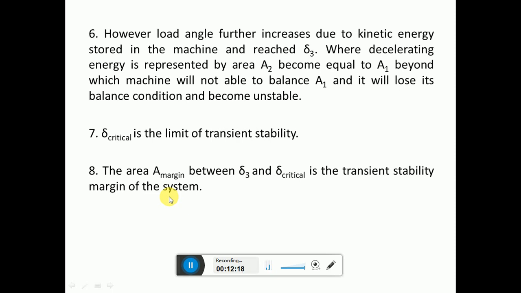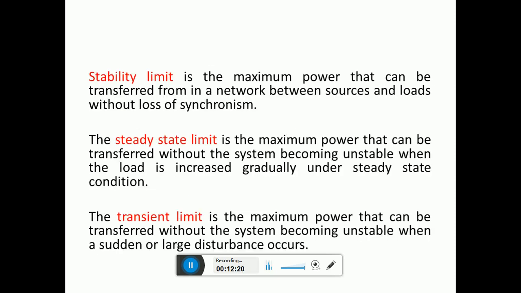Now what is the transient stability limit and what is the stability limit? These definitions are given here. Stability limit is the maximum power that can be transferred from a source to the load, in this case a synchronous machine, to the infinite bus without loss of synchronism.